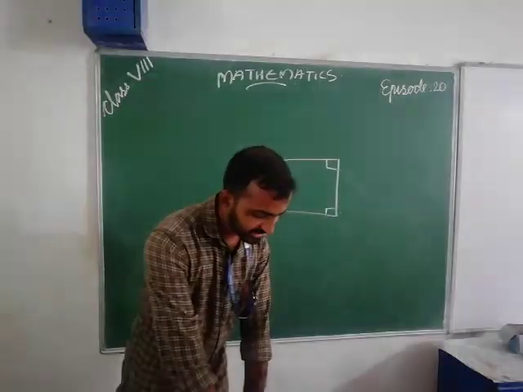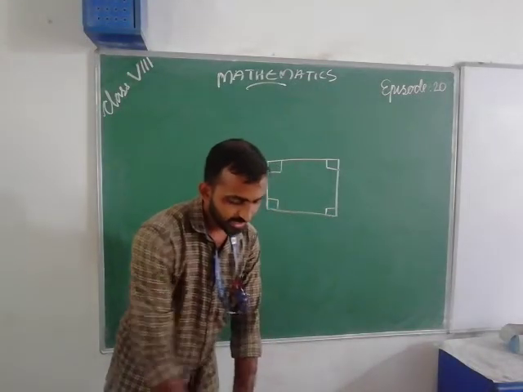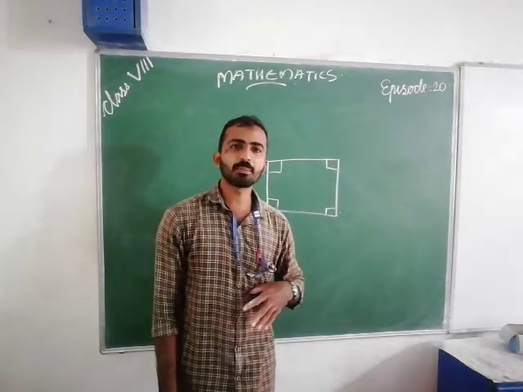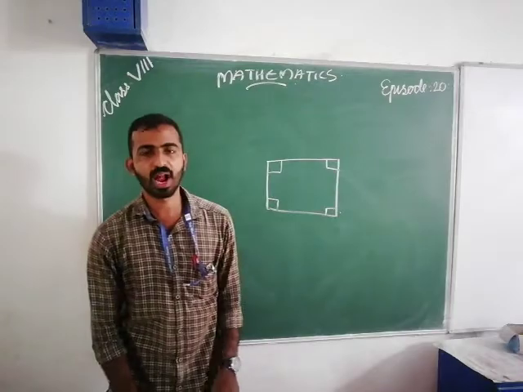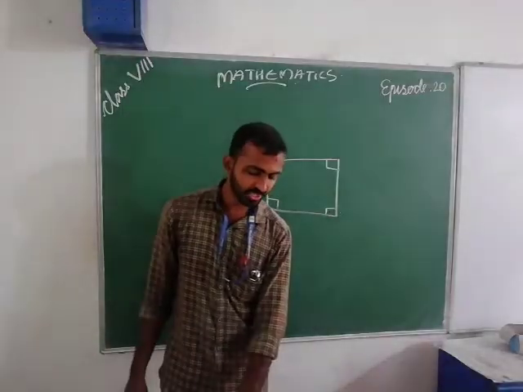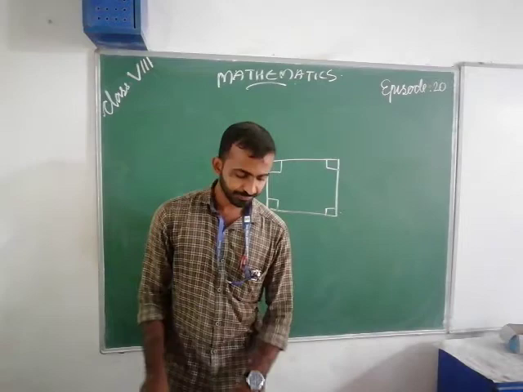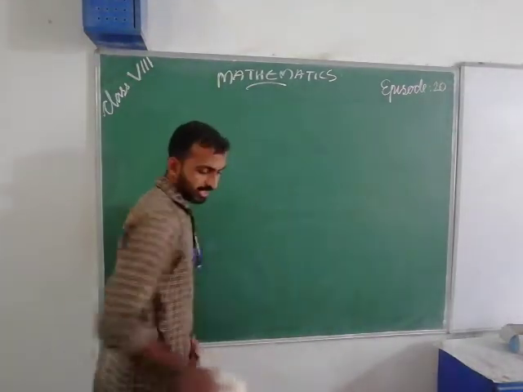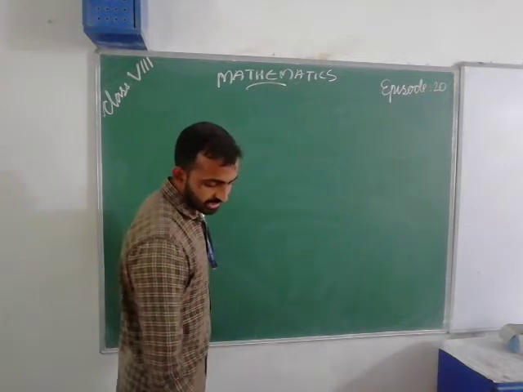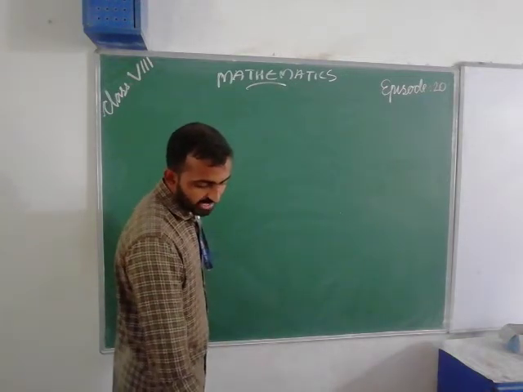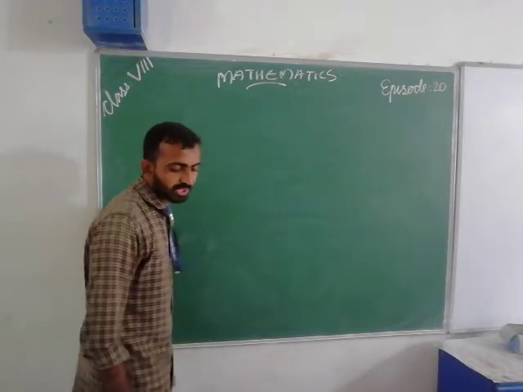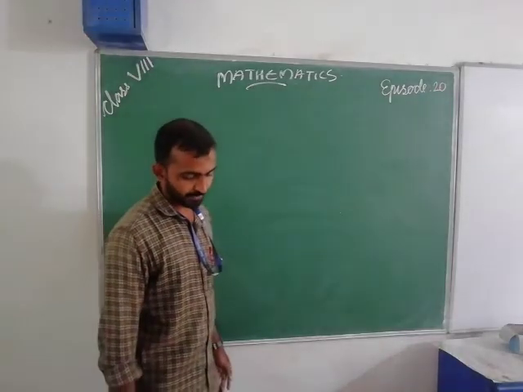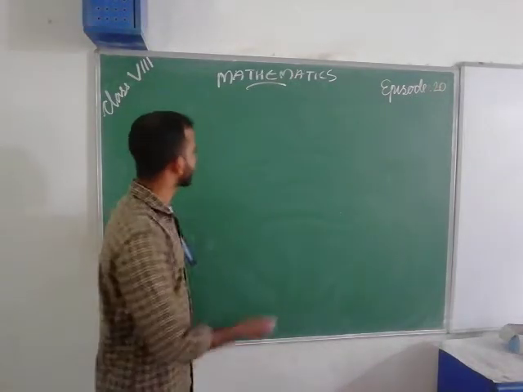Next we are discussing diagonals. Here also the diagonals bisect equally. For example, RENT is a rectangle. Its diagonals meet at O. Find x if OR equals 2x plus 4 and OT equals 3x plus 1.